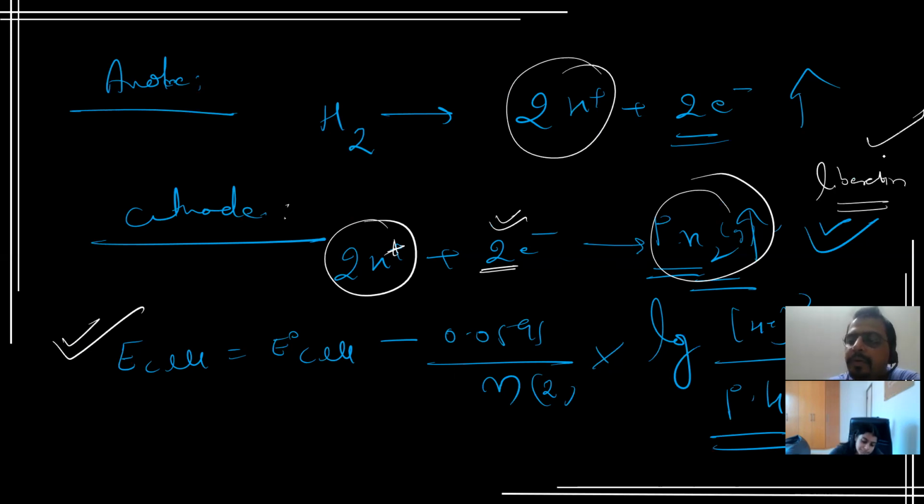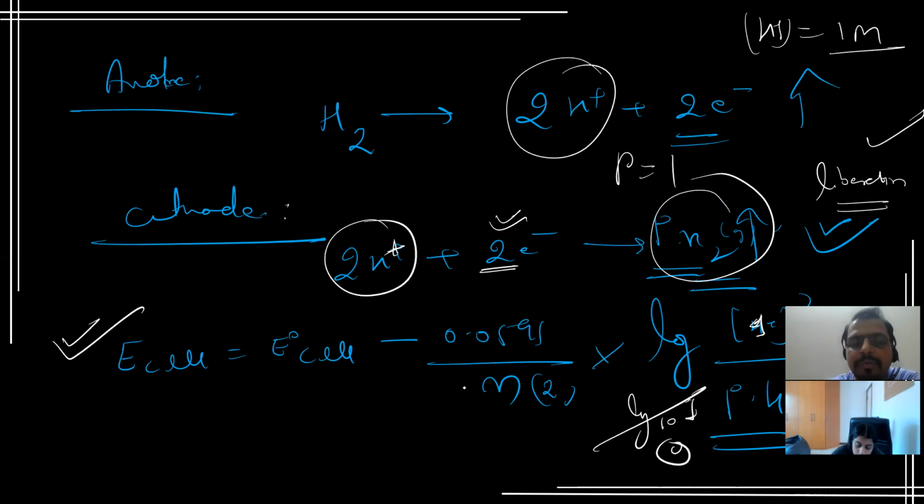So this will become 1. The value of this is also 1. The H+ concentration is 1 molar, so it is 1, and the pressure is also 1. So it will become log 1, and the value of log 1 is nothing but 0.